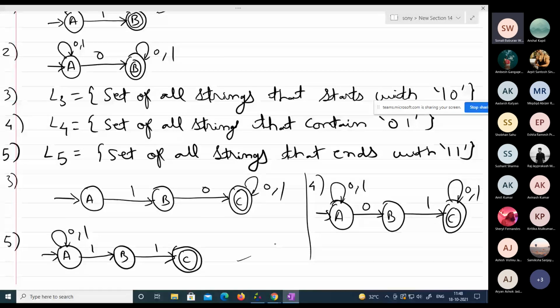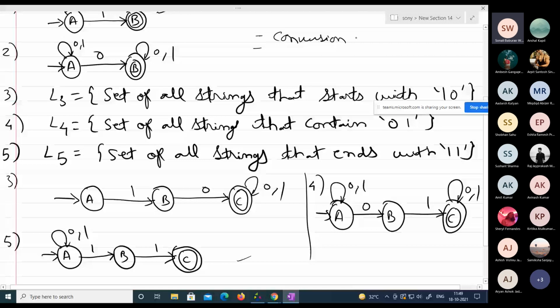So in our next lecture we will complete this entire second unit by completing these two remaining parts: conversion of NFA to DFA, and regular expressions.